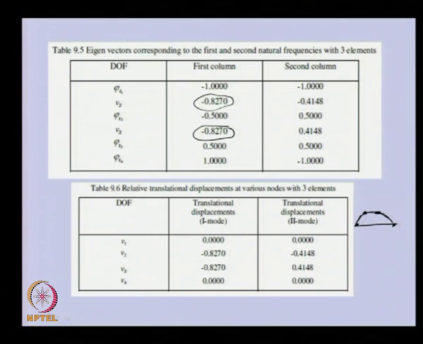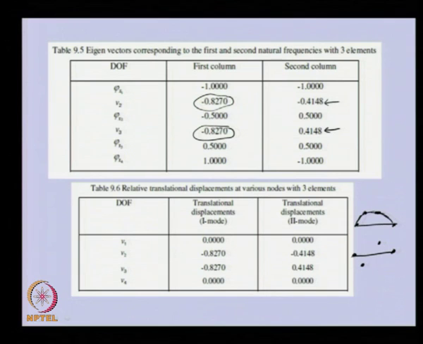For the second mode, we need to pick up the second column. So, corresponding to this and this we need to pick up. In this you can see this is negative, this is positive, and the end ones are 0. So, if you want to plot the mode shape, nodes 1 and 4 are 0, this is let us say negative at node 2, and this is positive.